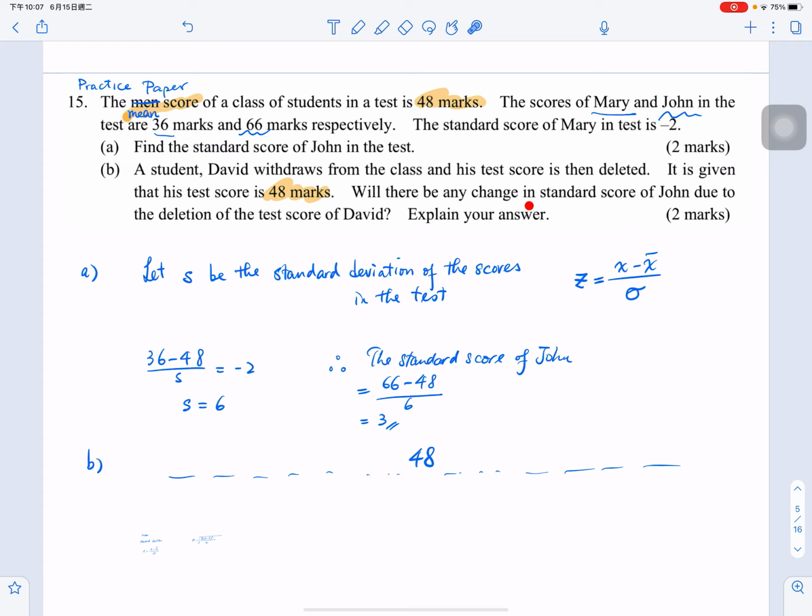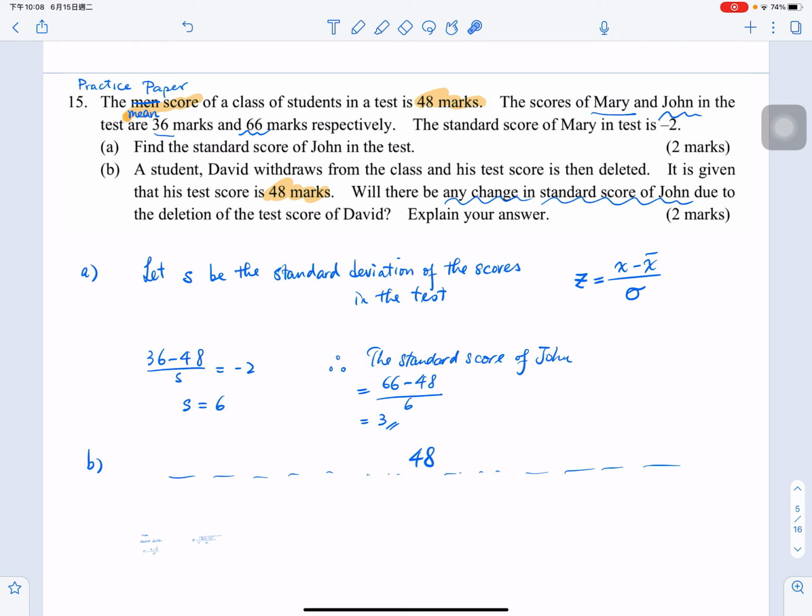Will there be any change in the standard score of John due to the deletion of the test score of David?